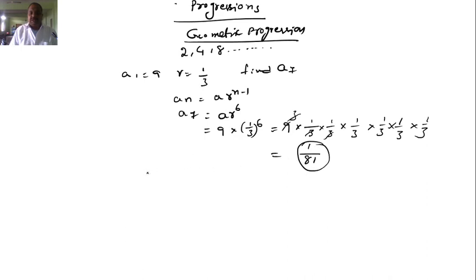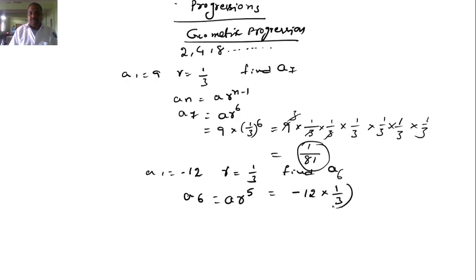Next question: A1 is equal to minus 12, R is equal to 1 by 3. Find A6. A6 means A R power 5, reduce one number, A R power 5. A means minus 12, into 1 by 3 whole to the power of 5.